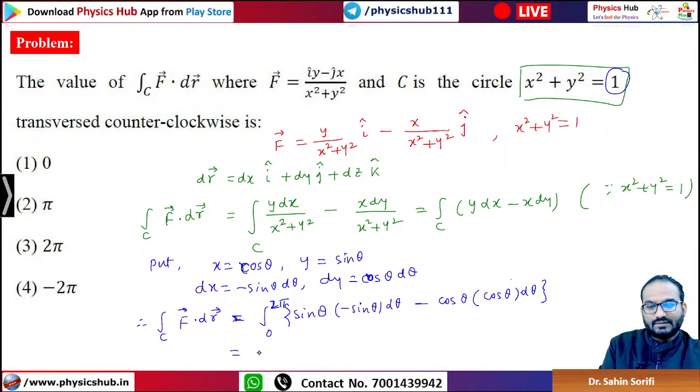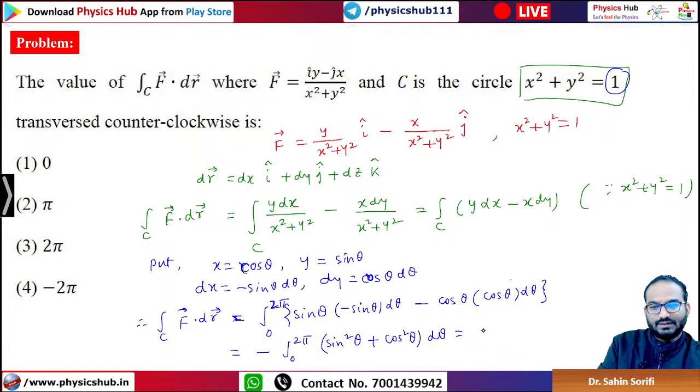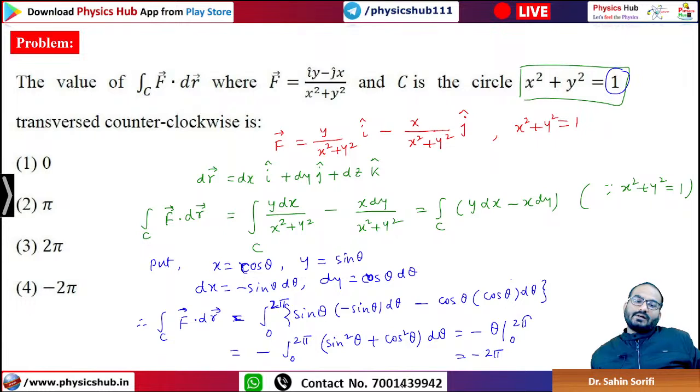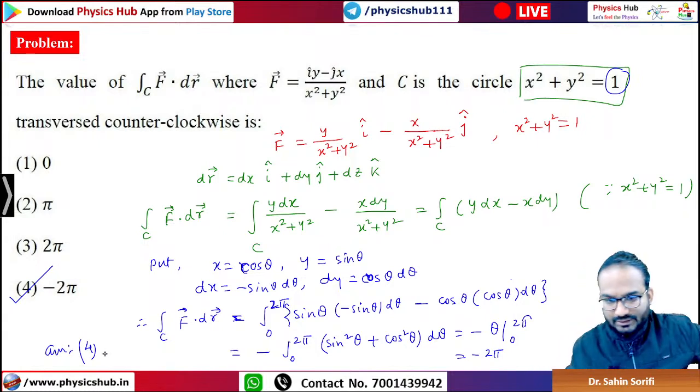So minus sin square theta, minus is taken outside, 0 to 2 pi sin square theta plus cos square theta. You can write it in this way, d theta. This is 1. So minus theta varying from 0 to 2 pi. So minus 2 pi it comes. It is matching with option 4. Option 4 is the correct option for this question.